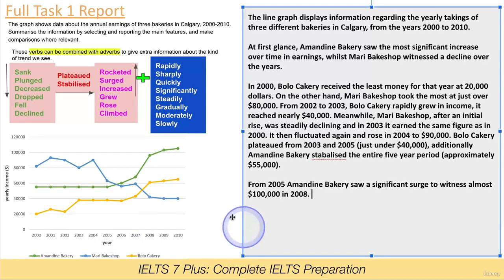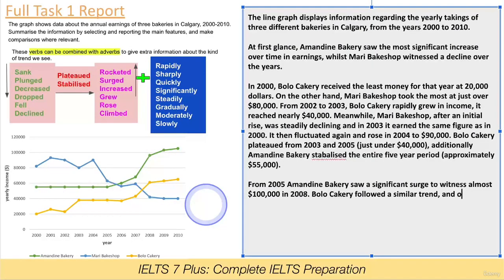Okay, and then let's talk about Bolo Cakery. Bolo Cakery followed a similar trend and obtained 60,000 in that same year.